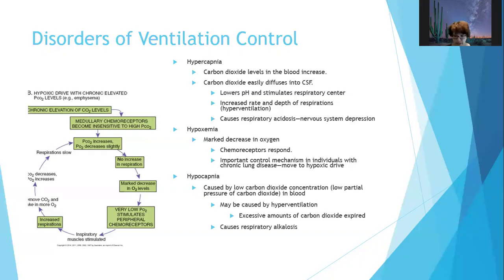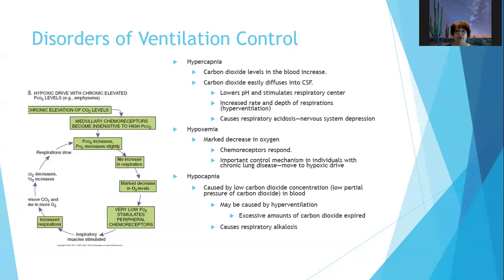So one of the things that can make it difficult for you to breathe out is any obstructive pulmonary disease, and we'll talk about those. Or if your breathing centers are depressed because you took too many narcotic pain medications or something, it decreases your breathing level and it causes respiratory acidosis.